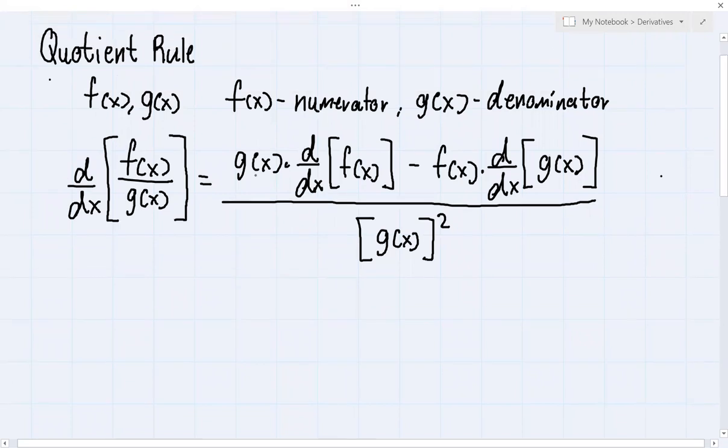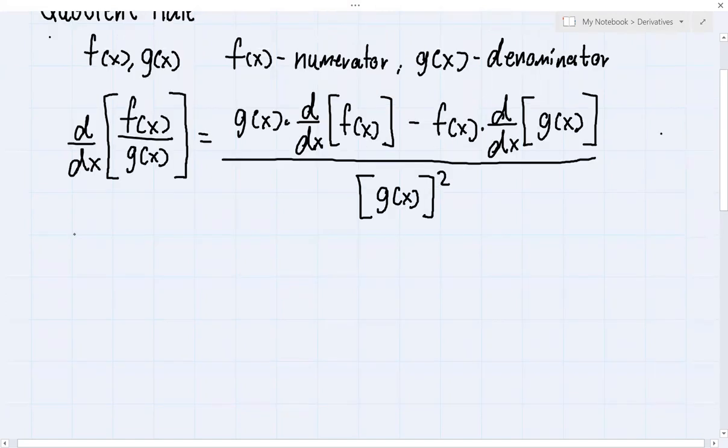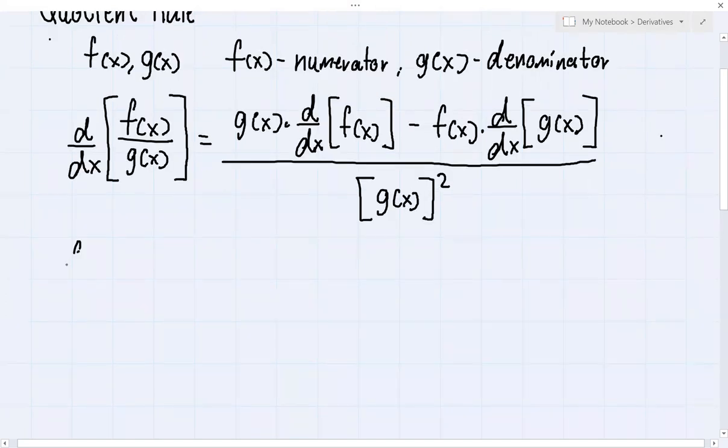Yan ang gagawin natin dito. But we have a specific rule. In the product rule, you can pick which one would be your u and which one would be your v. Here, you're going to pick which letter will be the numerator and the other will be the denominator. Since f of x is the numerator, let's rename f of x as u.